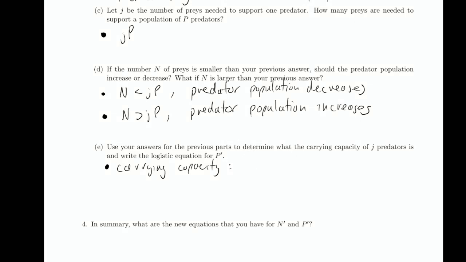Actually, I think we're going to need to multiply this by a constant, since the j in part E is different to the j in part C. In part C, j was the number of preys needed to support one predator, whereas in part E we're saying j predators. Part of me wants to modify this question a bit.